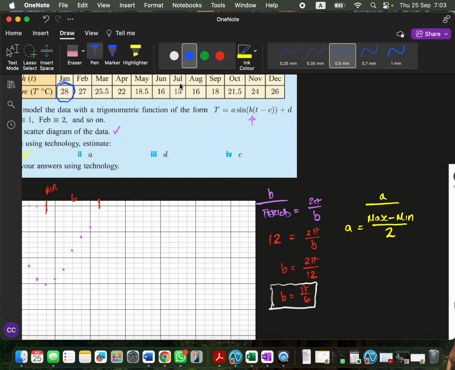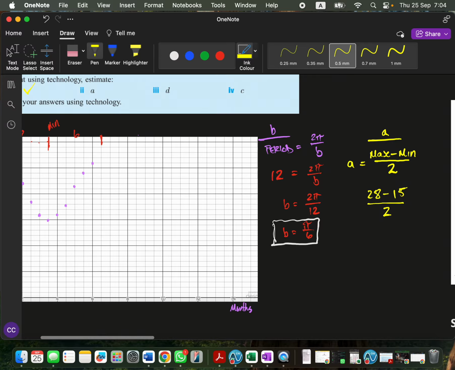The lowest value is in July. So to find my a value, it's just 28 minus 15, all divided by 2. 28 minus 15 is 13. 13 halves would be our answer, which again is 6.5. So we've got an a value.